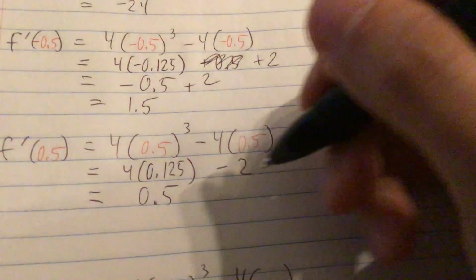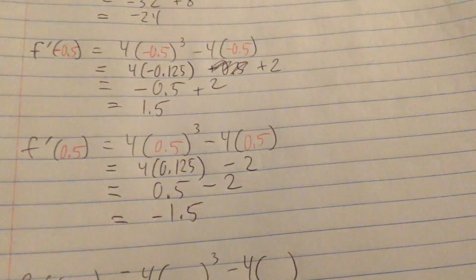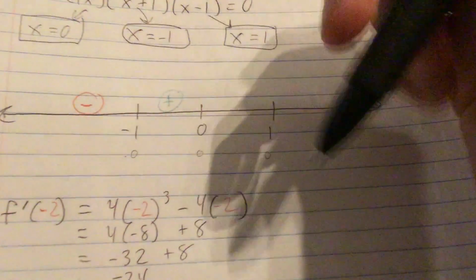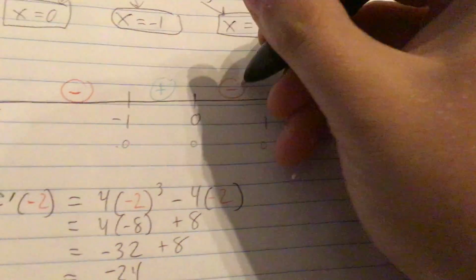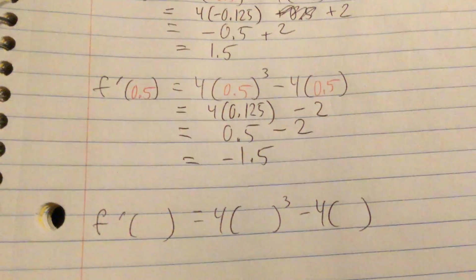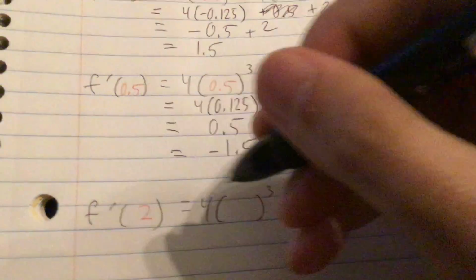So that'd be 0.5 minus 2, which would be negative 1.5. But the real thing that I care about is that the slope between x equals 0 and x equals 1 is negative. And then let's hope that we can get a solid answer out of this.